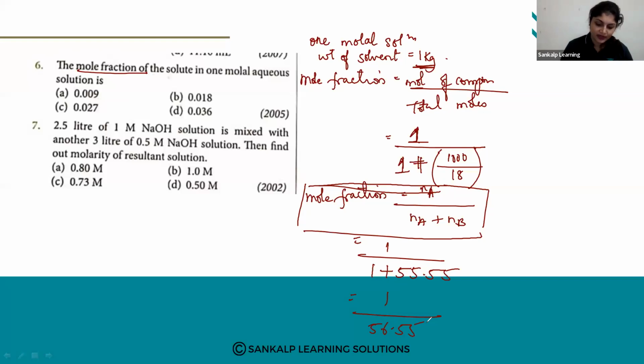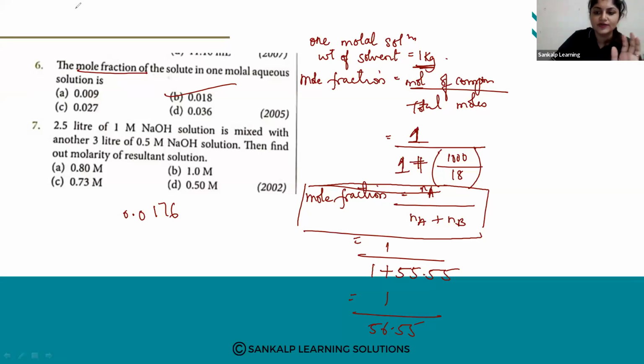Now 1 divided by 56.55 is 0.0176. Which value among the four is it nearer to? So option B is the correct answer.